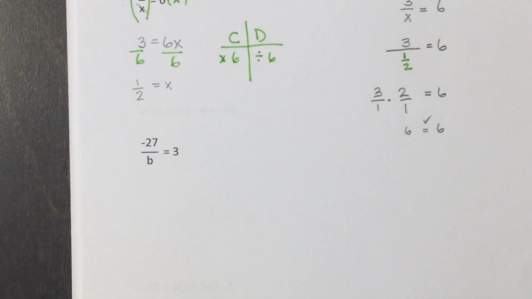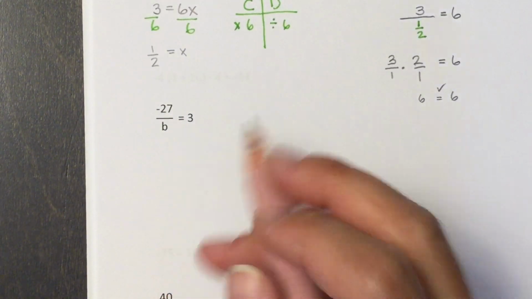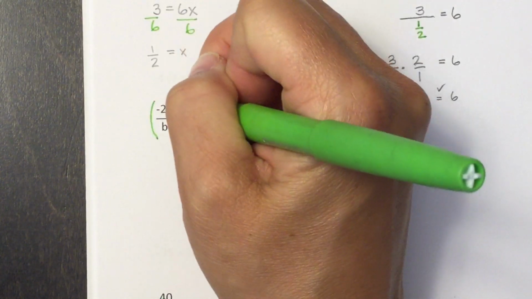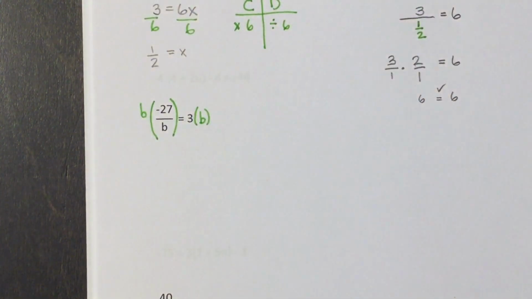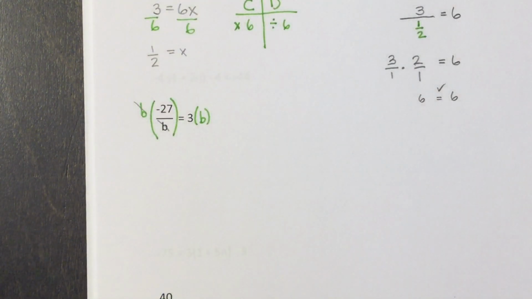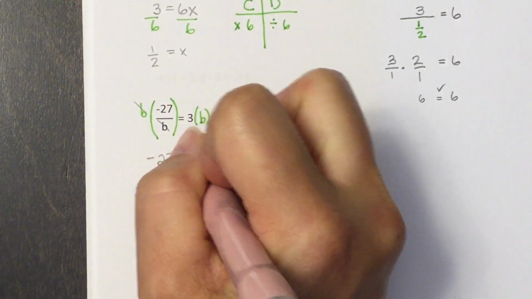Look how we're bringing together all the things that we know. I like that. Okay, next one, minus 27 over b equals 3. So b is in the denominator. We want to get rid of b, so let's multiply both sides by b. When we do that, the b in the numerator and b in the denominator cancel out, and I have minus 27 equals 3b.